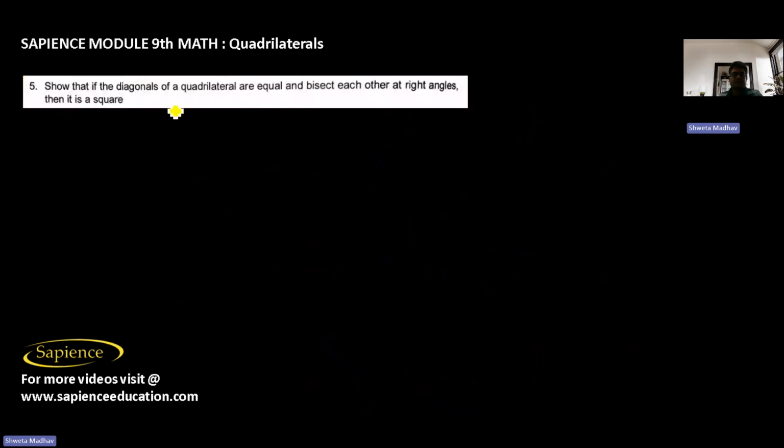Then here it is told that if the diagonals of a quadrilateral are equal and bisect each other at right angles, then it is a square.